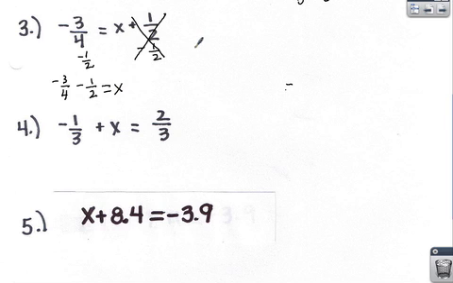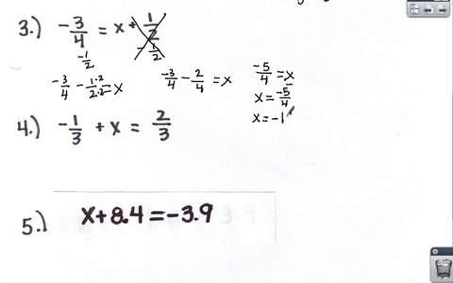Now don't forget that in order to add and subtract fractions, you need a common denominator. So my common denominator would be 4. So I can multiply both my numerator and denominator by 2 here and get negative 2/4. Negative 3 minus 2 gives us negative 5. We keep our denominator. So x equals negative 5/4, or x equals negative 1 and 1/4.